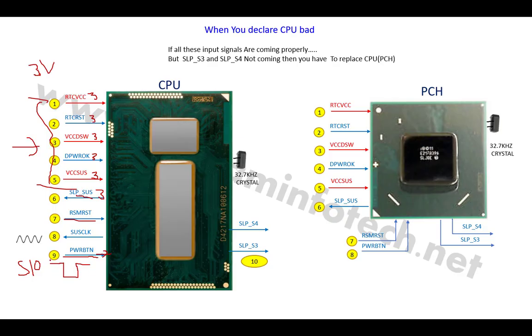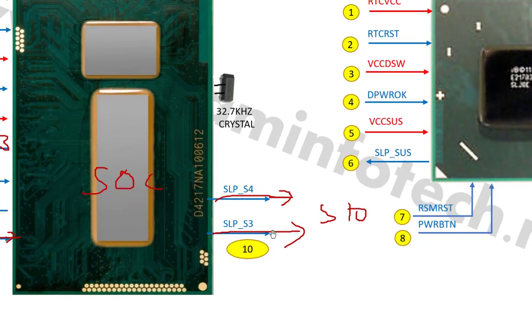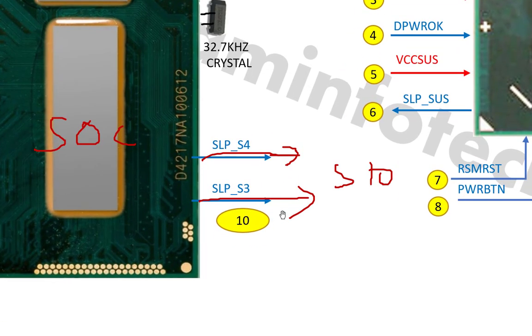At that time this SOC should send out 2 signals, and these are going to the SIO. The signals are called SLP S3 and SLP S4. These 2 signals coming out from the SOC are called SLP S3 and SLP S4.